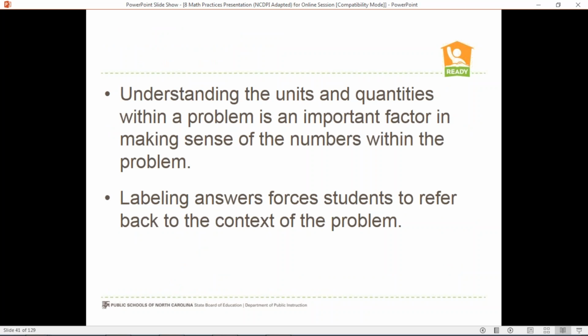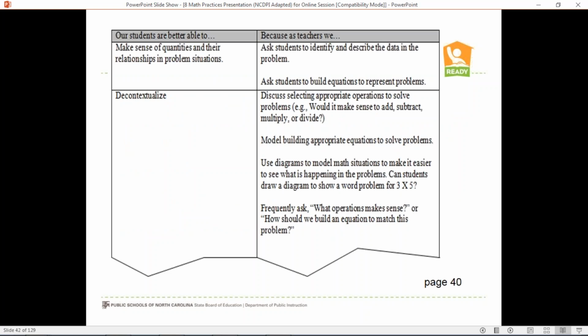And perhaps you remember this, but I remember my math teachers always talking about labeling your answers, especially as we were working in science and those places, because those labels force us to think back to what really makes sense. Do centimeters make sense here? This is a measurement type problem. So if we as teachers ask students to identify and describe the data in the problem, and we ask students to build equations, then kids are more likely to make sense of them.